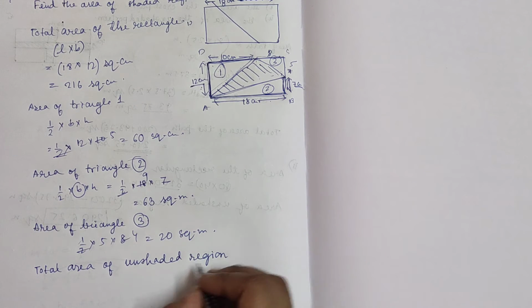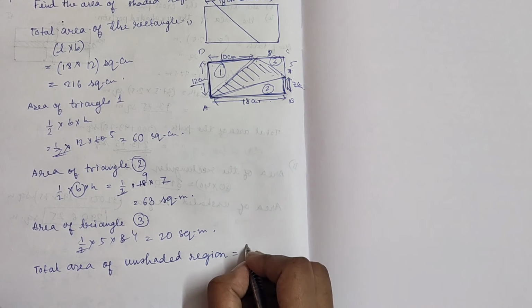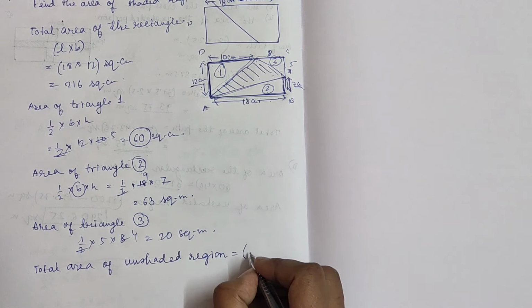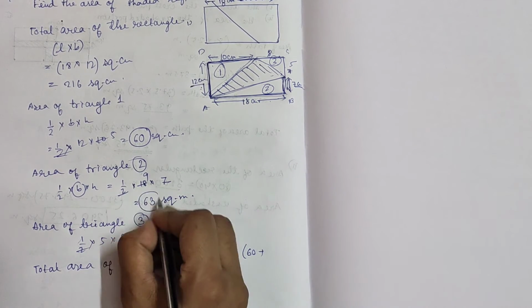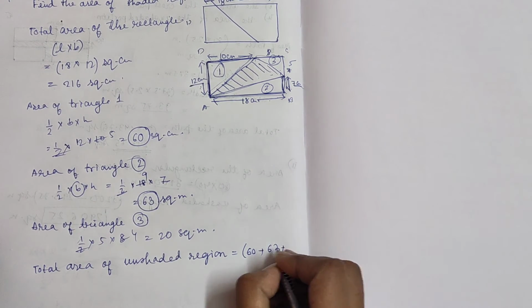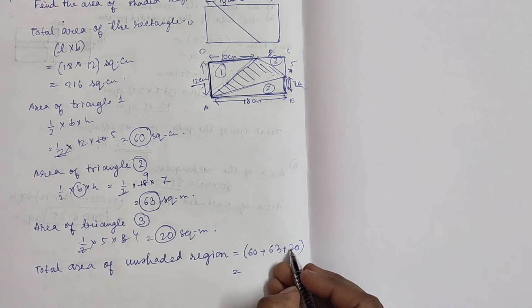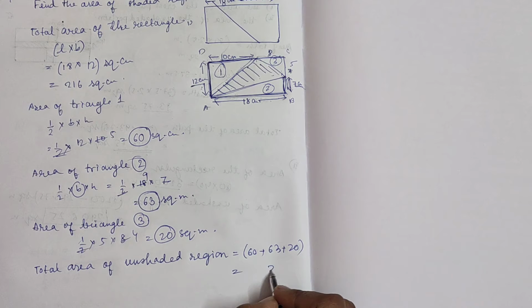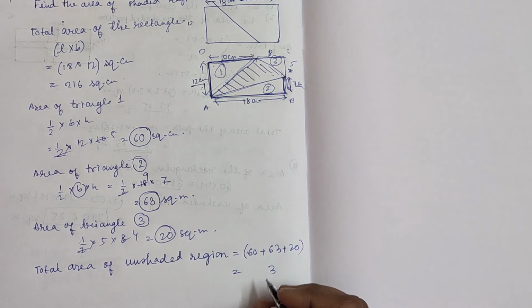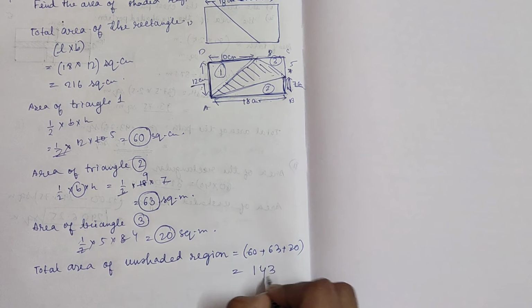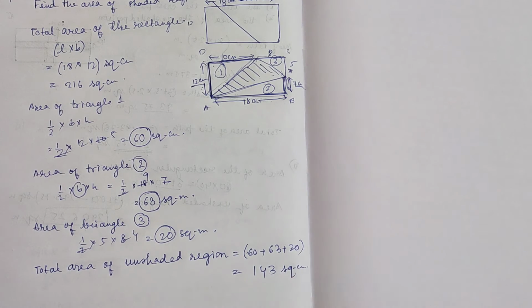So the total area of unshaded region is how much? First triangle 60, second triangle 63, third triangle 20. Let's add: that is 143 square centimeter.